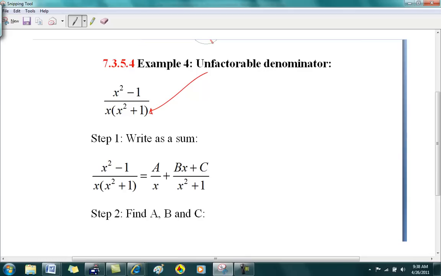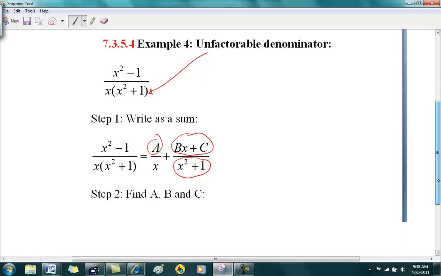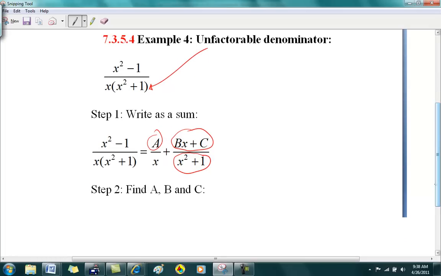So the rules say you need to split it up over the factors of the denominator. So one factor is x, the other one's x squared plus 1. Since the denominator is linear, the numerator is constant, the denominator is quadratic, the numerator is linear. Okay, again, rules, page 501. And then it's the same process, finding a, b, and c.